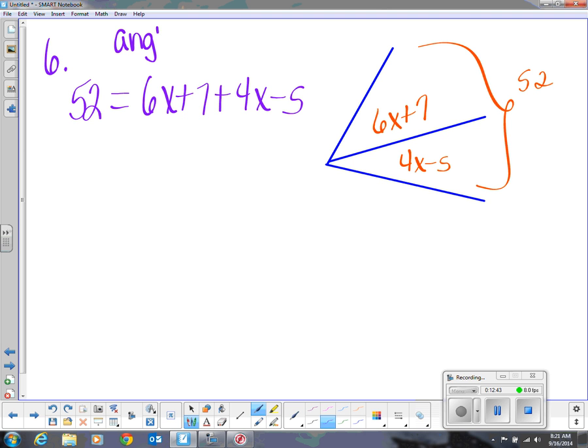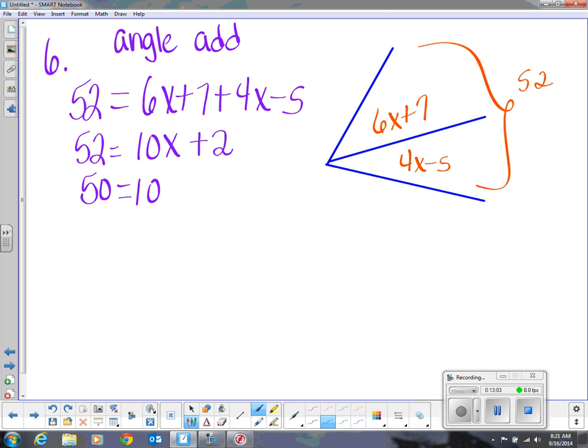Angle addition. That might be your bonus to justify these. Okay, angle addition. That is correct. They did not tell us this bisected, so we do not know that these are equal. So we have 52 is equal to 10x plus 2. When you subtract 2, when you divide by 10, you're going to get x to be 5.